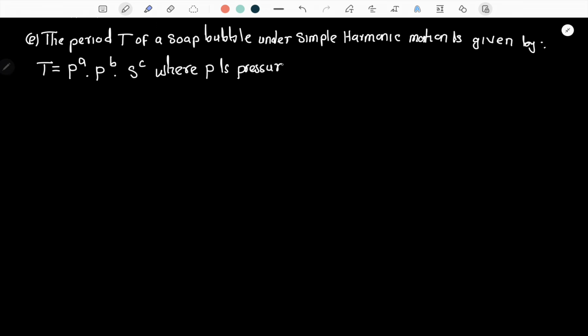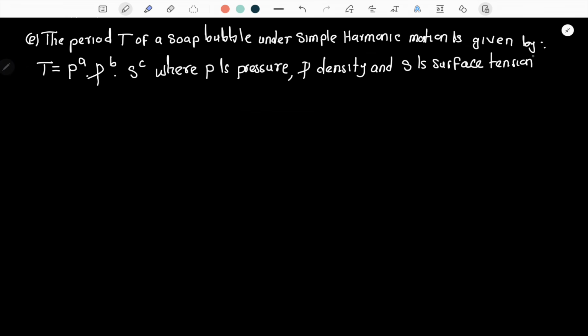So you have this is your density, and S is surface tension.